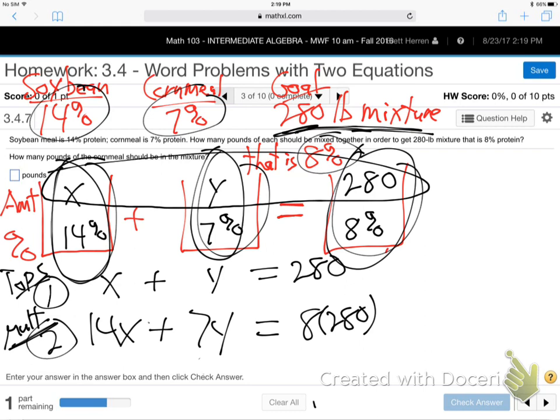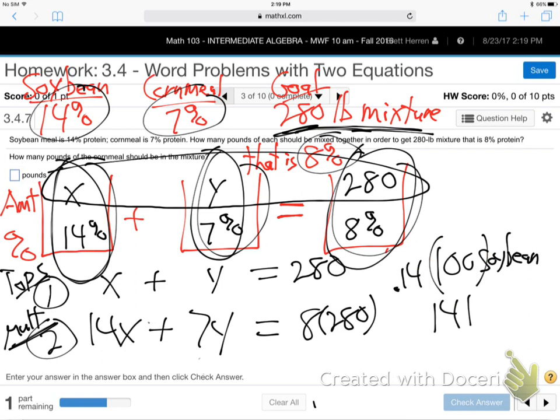Second thing is, why are we allowed to multiply? What in the real world allows us to do that? We're actually getting the amount of protein. However many pounds of soybean, it's 14% protein. That means however much soybean you have, 14% of it is protein. So, for example, if I had 100 pounds of soybean and 14% of it was protein, I would need to multiply by 0.14 to find out how much actual protein.